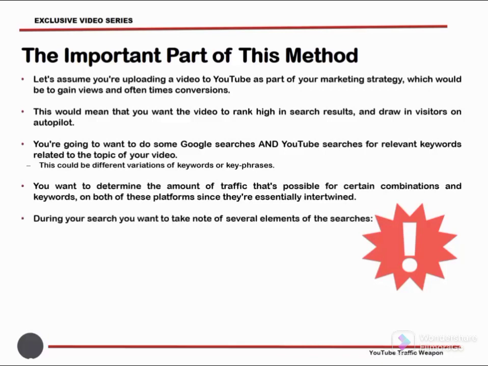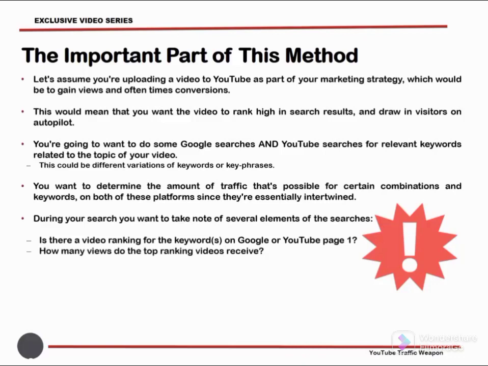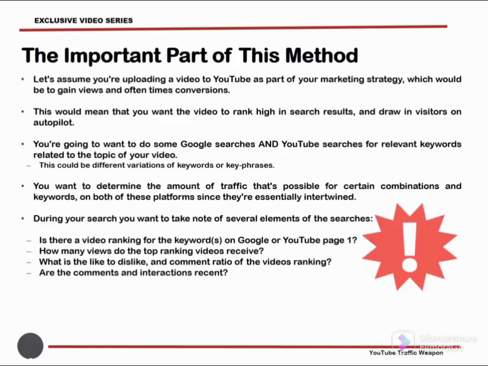During your search, you want to take note of several elements of the searches. Is there a video ranking for the keywords on Google or YouTube page 1? How many views do the top ranking videos receive? What is the like to dislike and comment ratio of the video's ranking? Are the comments and interactions recent? How well optimized is the video for these keywords?